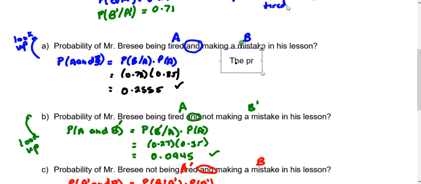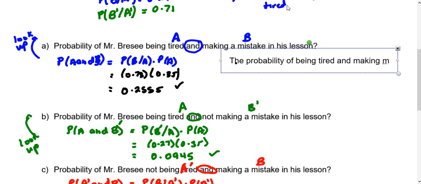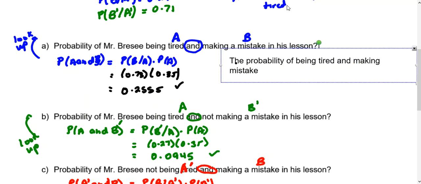All right, the probability of being tired and making a mistake is 25.55%, or you can leave it as a decimal, doesn't matter.